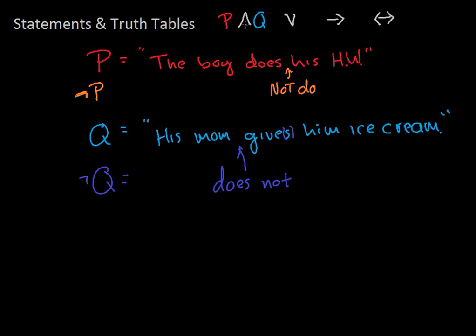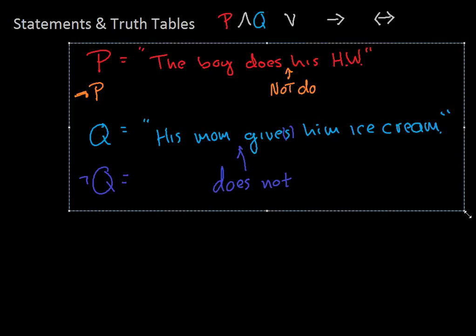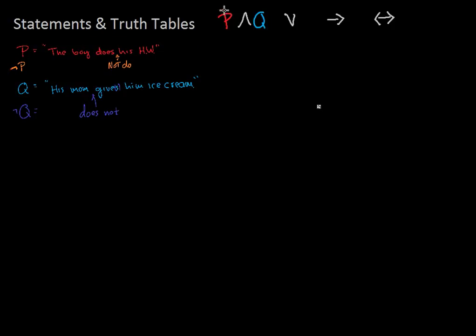So P and Q, that is a statement that we can evaluate using a truth table. Actually, I want to start with the tricky one so the simple ones make more sense. P implies Q, because that's what we're really using in this example. What does the truth table look like for this statement?